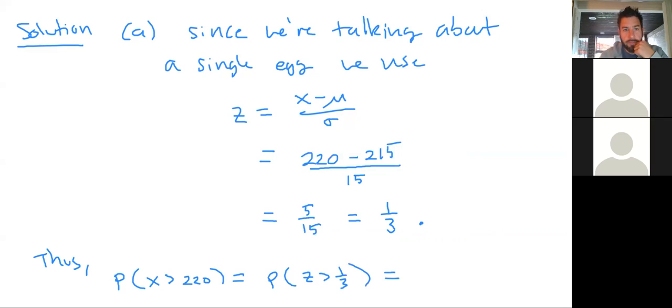And then once again, you have to go look this up. So you have to plug this into your calculator. And when you plug it in, you get 0.6305.